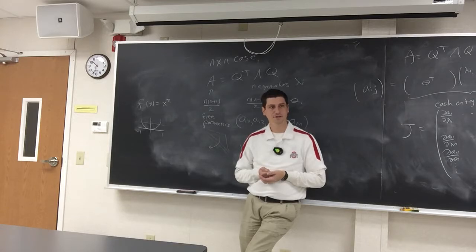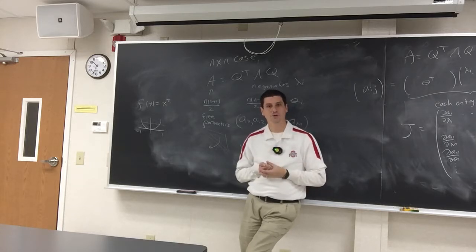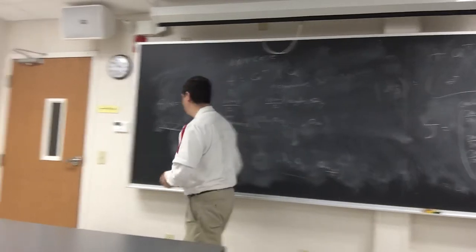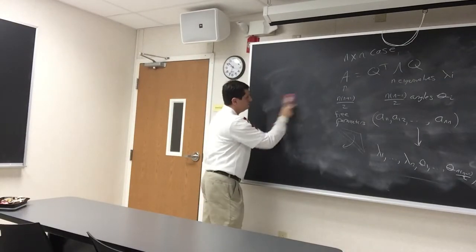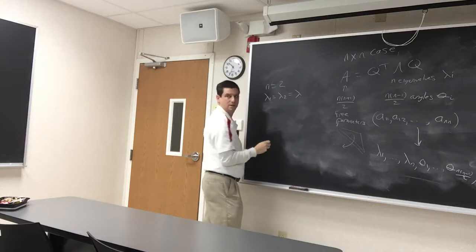When is there a degeneracy? Well, if two of the eigenvalues are the same, things should break down. Let's look at the 2 by 2 case when two eigenvalues are the same. Say n equals 2, lambda 1 equals lambda 2 equals lambda.